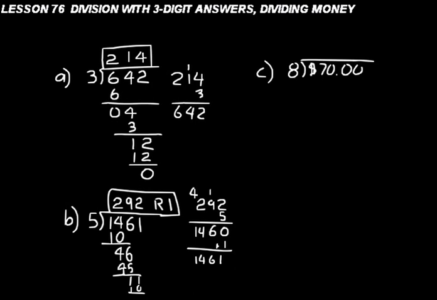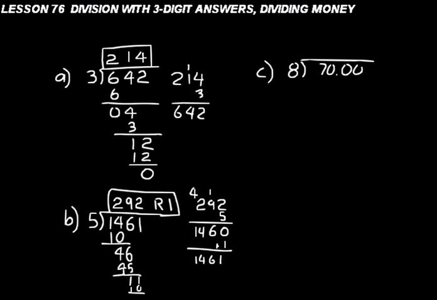The second part of this lesson is on dividing money. We have $70 divided by 8 there. Now, just so it's not quite so confusing looking, let's just erase that dollar sign. It has nothing to do with the division, but we do want the decimal places there.